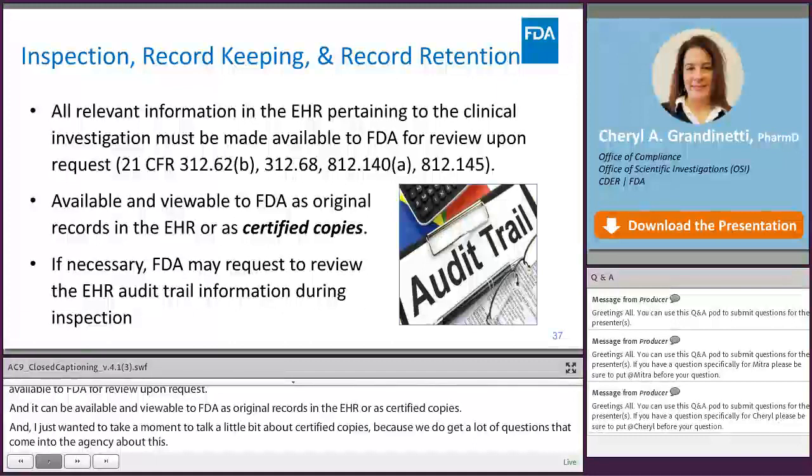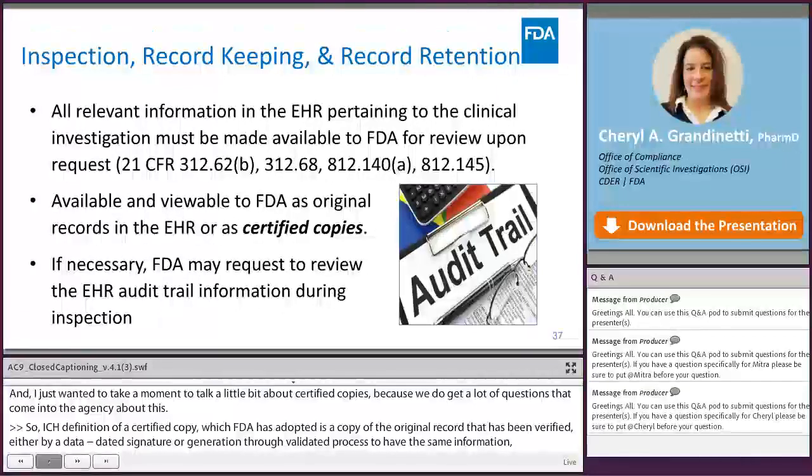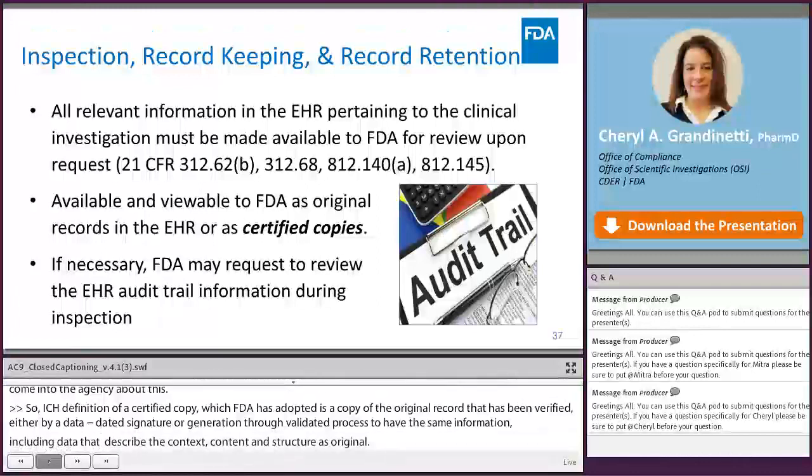So if your trial is using EHR data, then during an inspection, if screenshots or paper printouts of electronic health records are used to serve as a copy of the EHR, and that paper record fails to capture important metadata and audit trail information that are recorded in the EHR, then FDA would regard these records as incomplete unless the accompanying metadata and audit trail information are included.